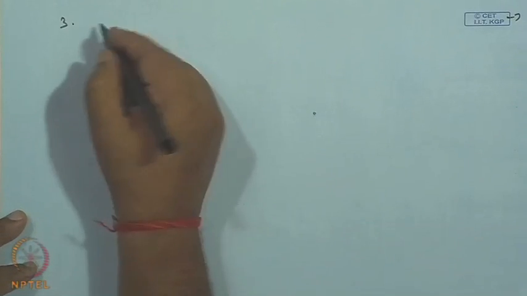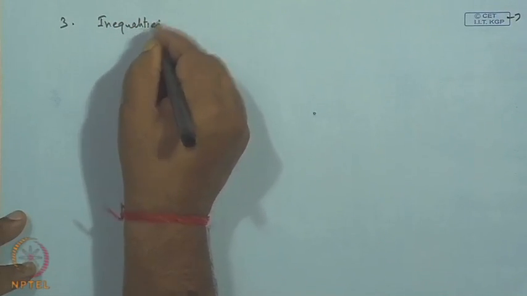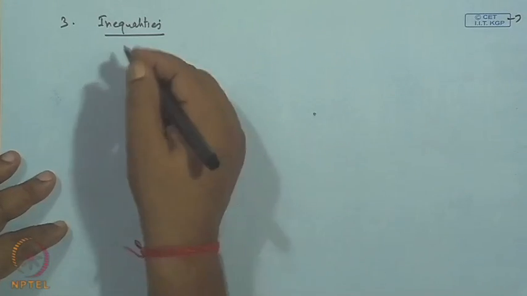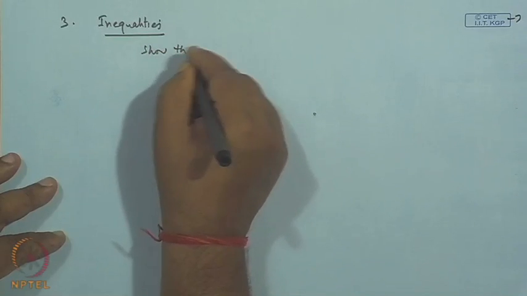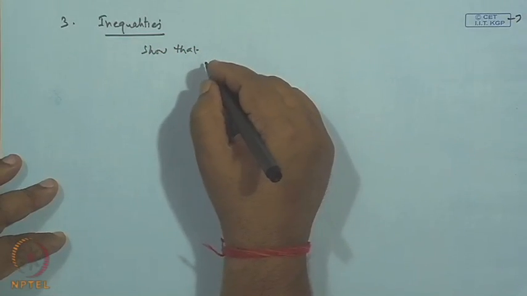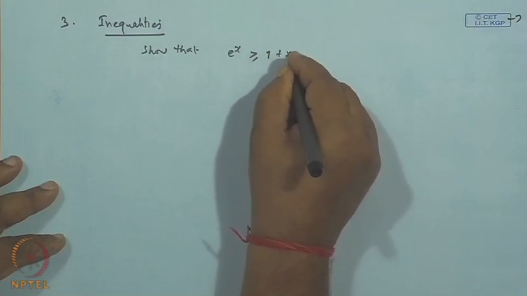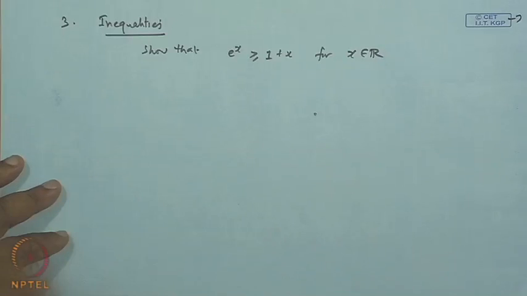Then inequalities can also be established with the help of this. Suppose I want to establish that e to the power x is always greater than or equal to 1 plus x for x belongs to R. Okay.